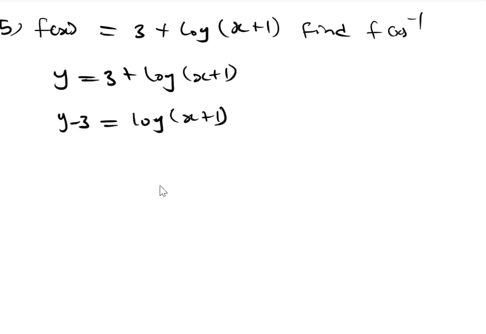In this case, I will multiply both sides by exponential, which is exponential y minus 3 is equal to x plus 1. So making x the subject, x is equal to exponential y minus 3, minus 1.